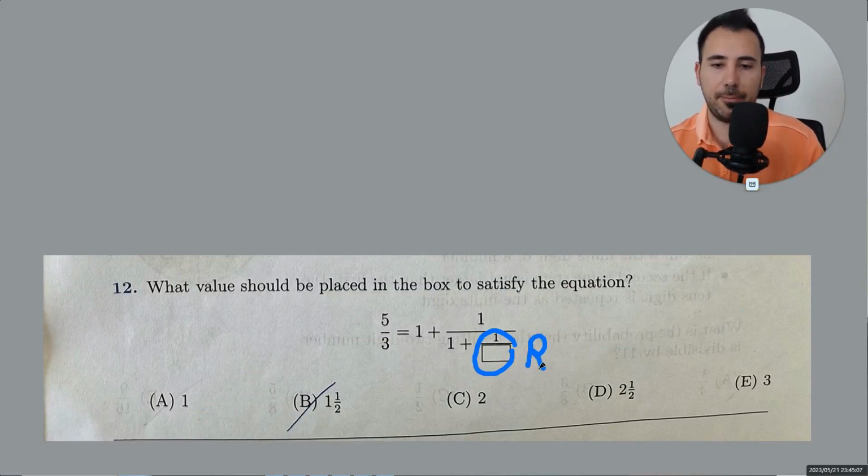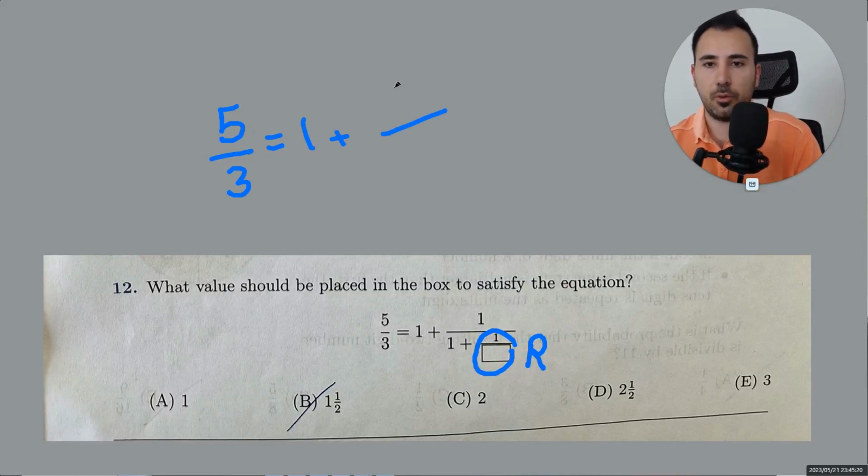So let's call it R. So, and then let's try to solve it. 5 over 3 is going to be the same as 1 plus 1 over 1 plus y. Okay. So you could add this, right? You could add these two together. I wouldn't like to solve it like that.